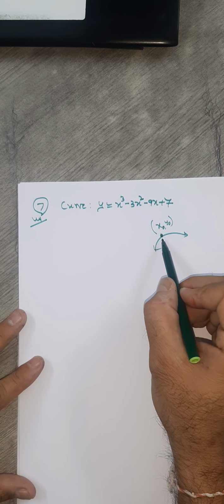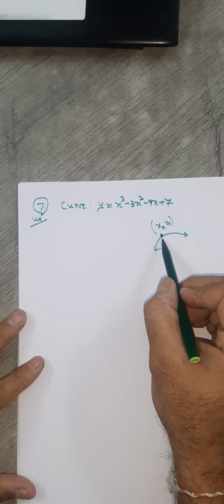Fine. This is 1. Now if x0 equals to 3, that's the other point. You can call it x also, don't worry about it. Then y0 will be, we put here 3. So 3 cube minus 3 into 3 square minus 9 into 3 plus 7.